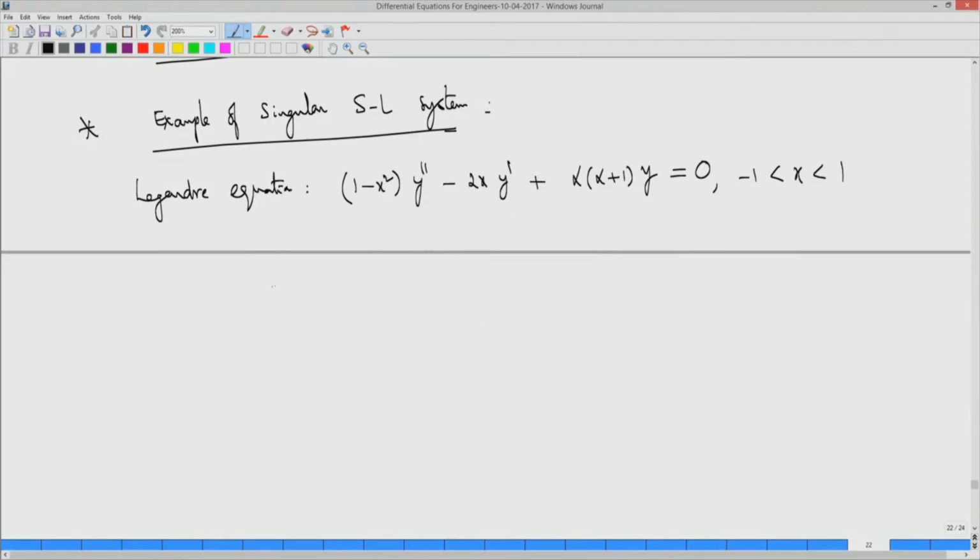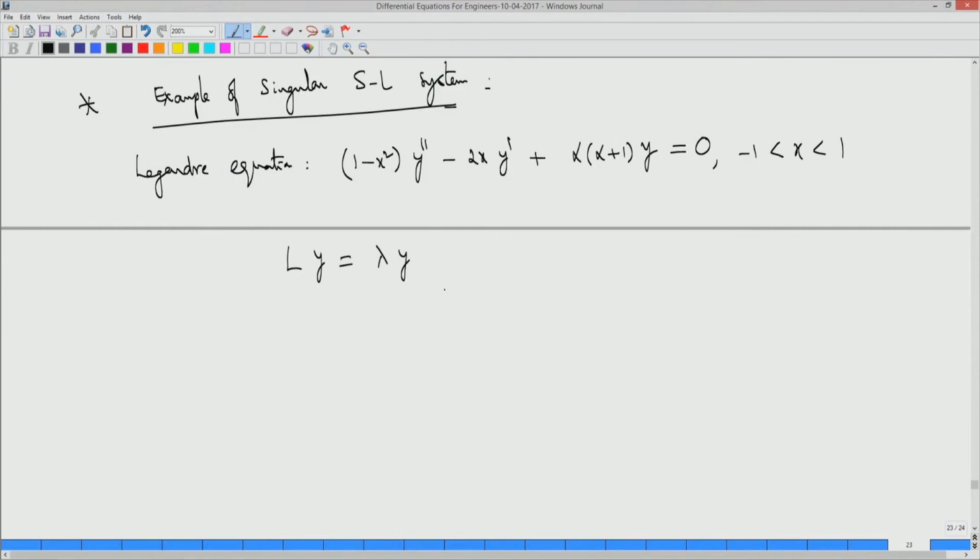And you can rewrite this in the form Ly equal to lambda y, like the self adjoint form or skew symmetric form, where L is skew symmetric. If you put it in this form, what is my L? Here 1 by W is 1.